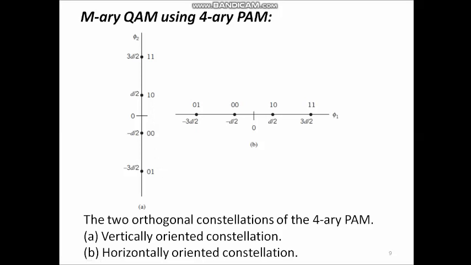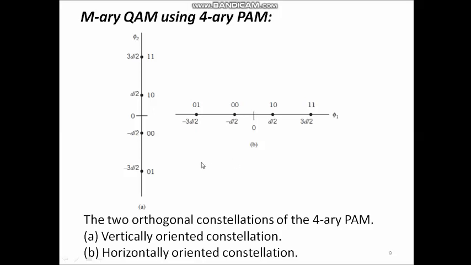Next, if you represent these two constellations in terms of a matrix or vector, figure A gives a column vector of dimension 4 cross 1. Figure B gives a vector of dimension 1 cross 4. So, if you take the Cartesian product, it gives you a matrix of dimension 4 cross 4, or 16 points. Therefore, it is a 16-ary QAM using 4-ary PAM.